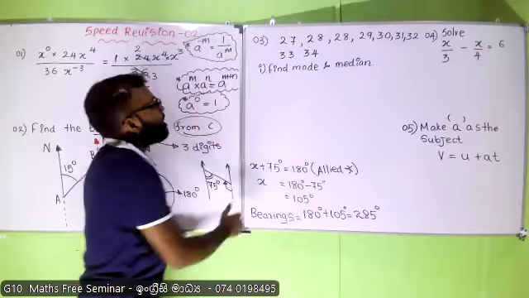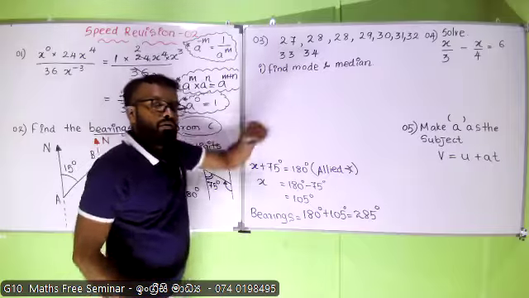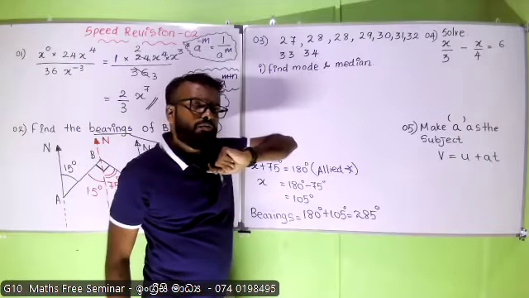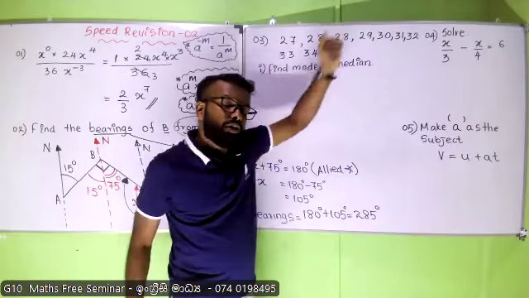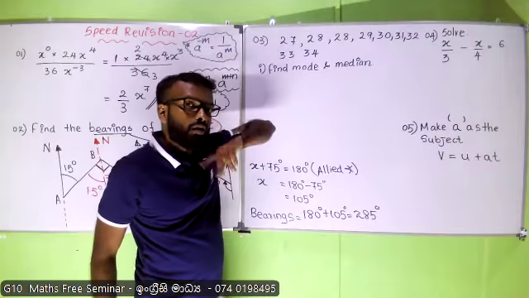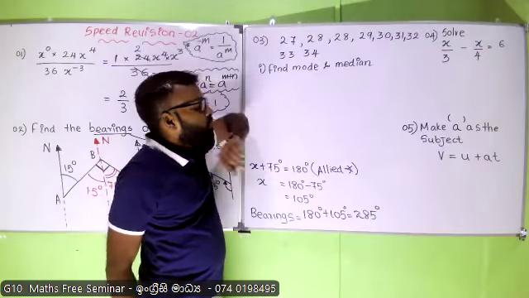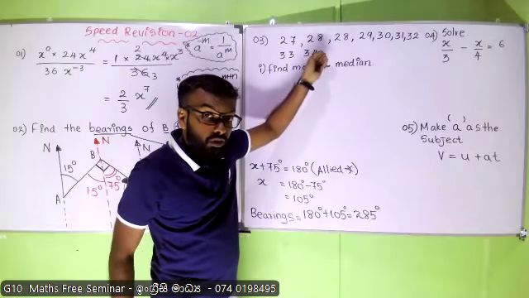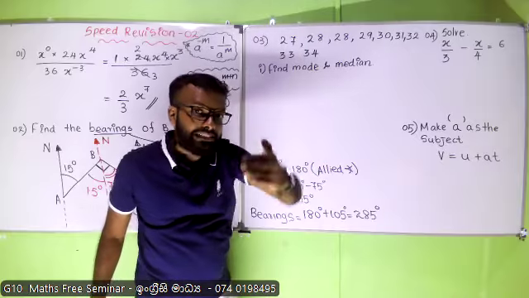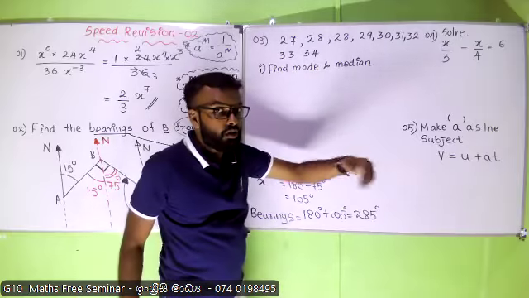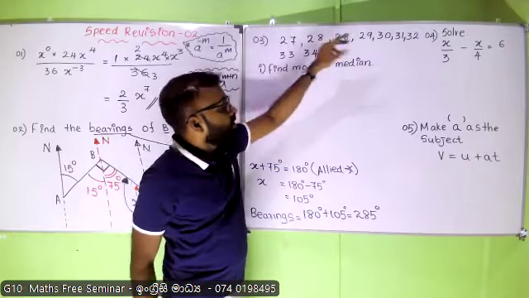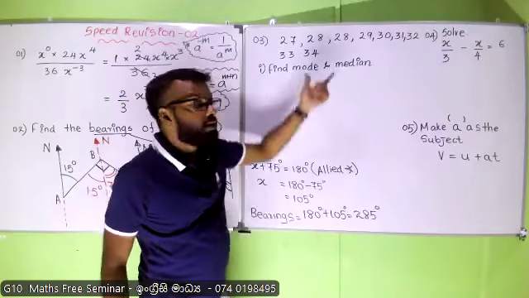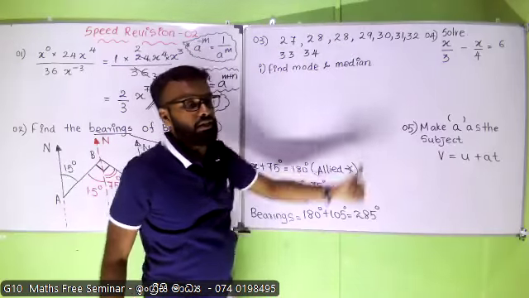Right. Find the mode. How are you going to find the mode of a given data distribution? Grade 9. First, make sure the data points are in ascending or descending order. Can anyone tell me whether this is ascending or descending?